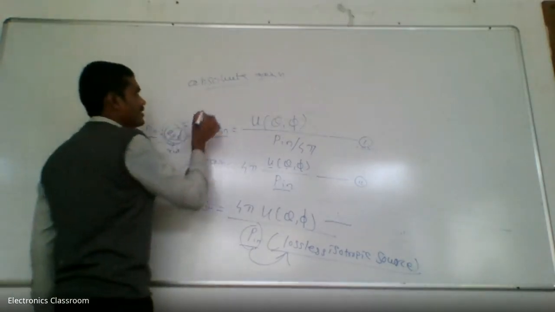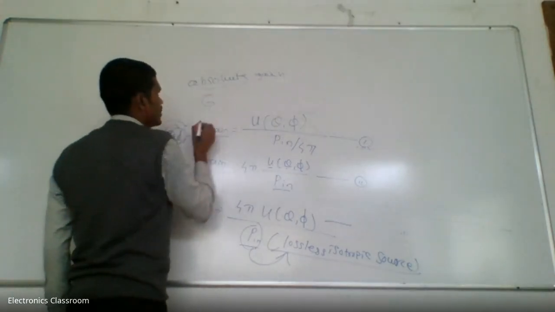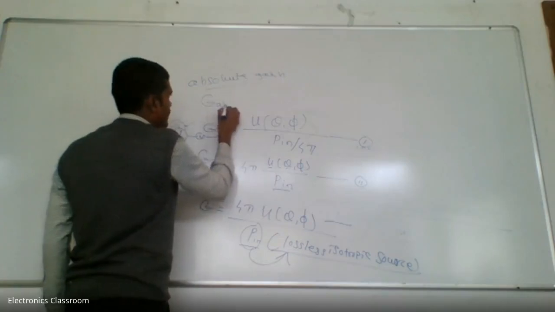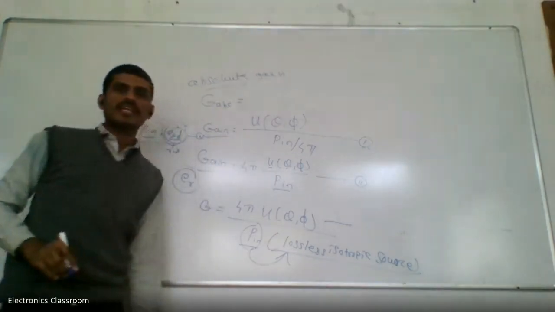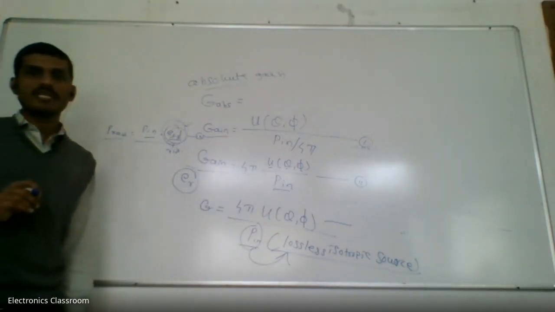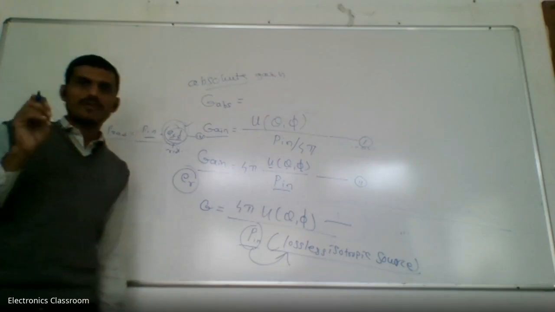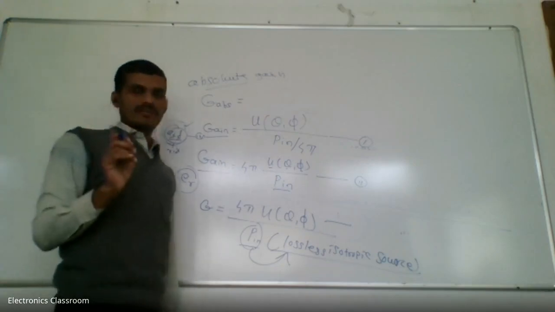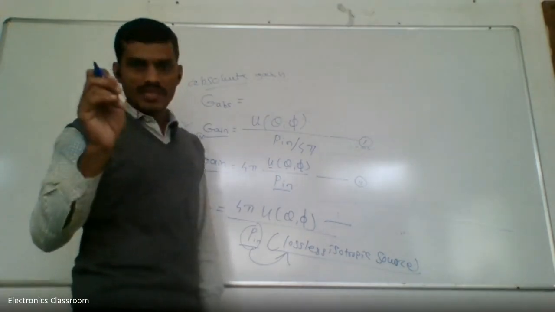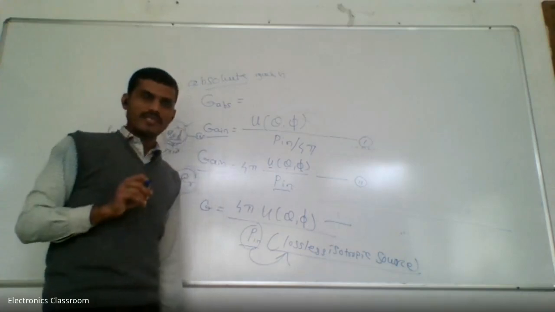Absolute gain also takes into account the reflection and mismatch losses.